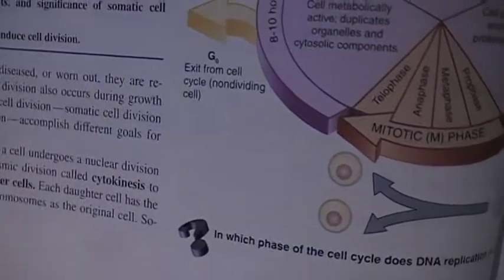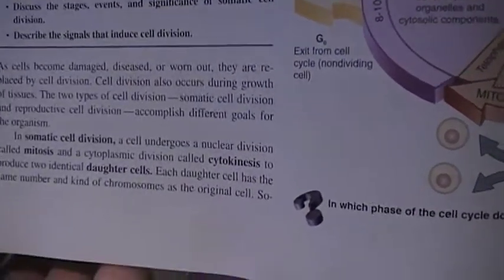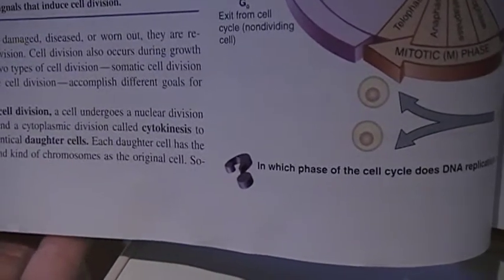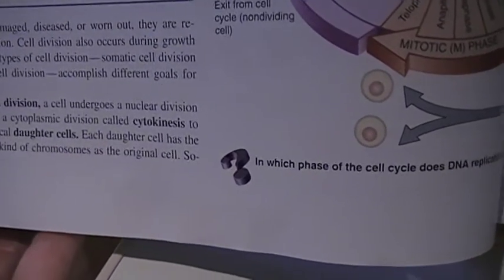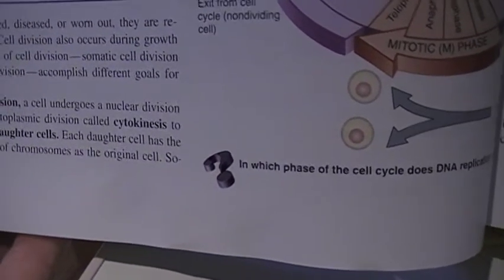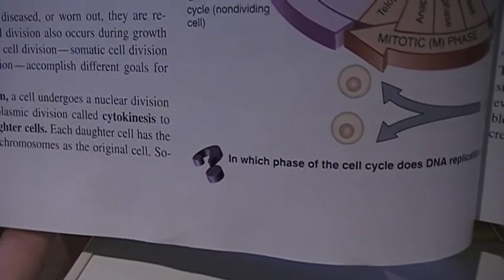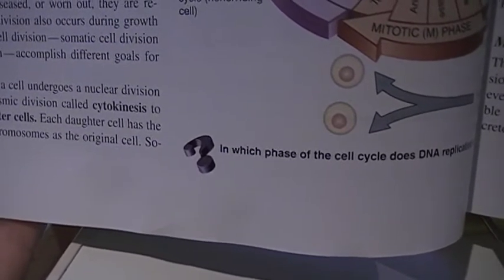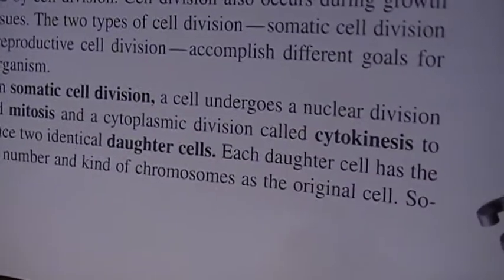Now we look at cell division. In somatic cell division, a nuclear division occurs called mitosis, and a cytoplasmic division called cytokinesis, to produce two identical daughter cells.